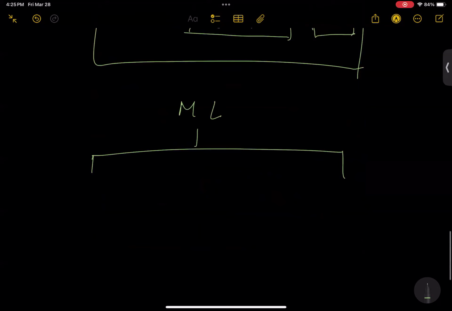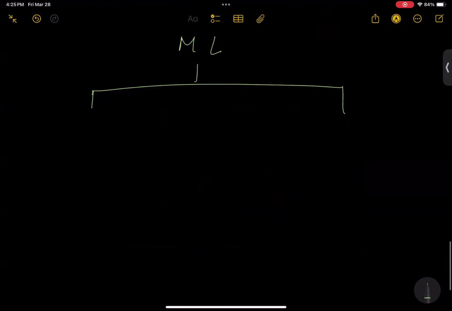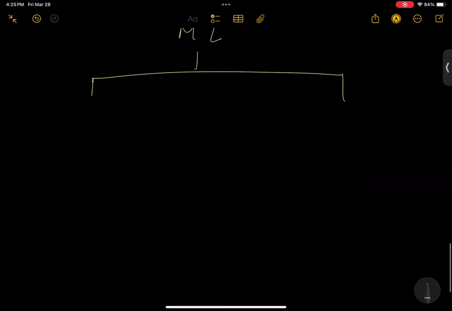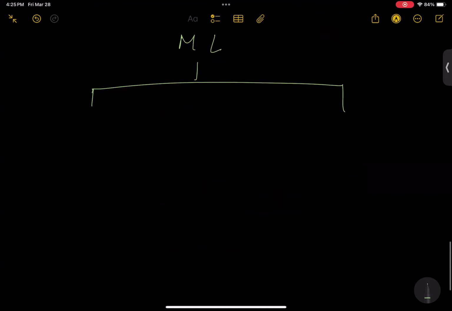So let's just get into ML. We might not have time today to cover all the things, but I'll try. In ML, there are basically two kinds of learning algorithms, right? ML algorithms are segregated into two different kinds.